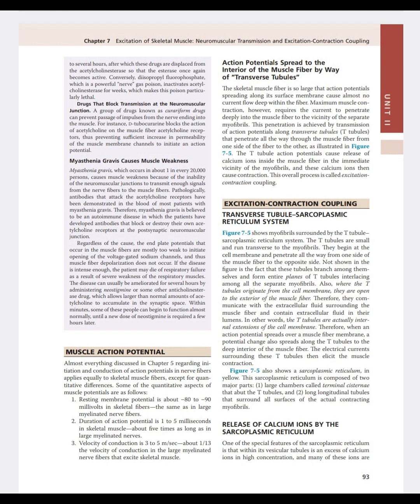Pathologically, antibodies that attack the acetylcholine receptors have been demonstrated in the blood of most patients with myasthenia gravis. Therefore, myasthenia gravis is believed to be an autoimmune disease in which the patients have developed antibodies that block or destroy their own acetylcholine receptors at the postsynaptic neuromuscular junction.